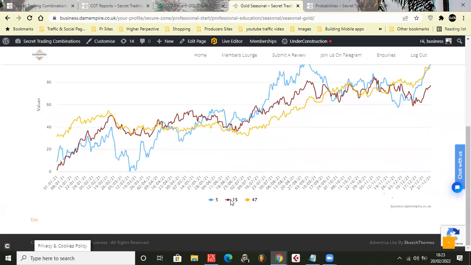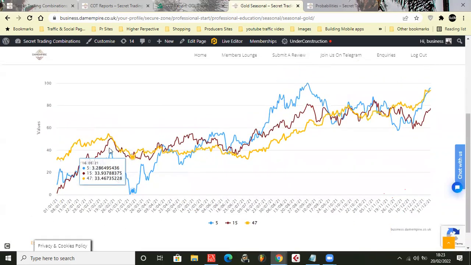So 47, 15 years, and the past 5 years. So what we've noticed is at specific period in time in past 47 years, 15 years, and 5 years, price correlates. So as you can see, price can start to go up from around December, and then will start to drop from around February. Now today's 20th, right?